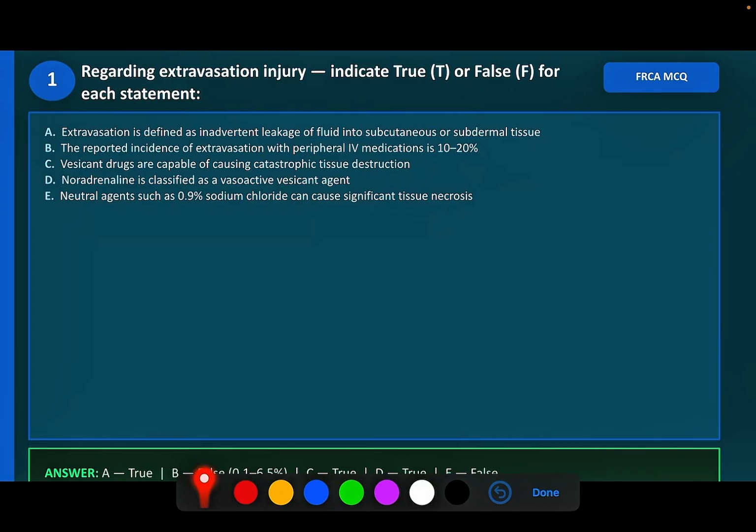The reported incidence of extravasation with peripheral IV cannula is 10 to 20%. Vesicant drugs are capable of causing catastrophic tissue destruction. Noradrenaline is classified as a vasoactive vesicant agent. Neutral agents such as 0.9% sodium chloride can cause significant tissue necrosis.